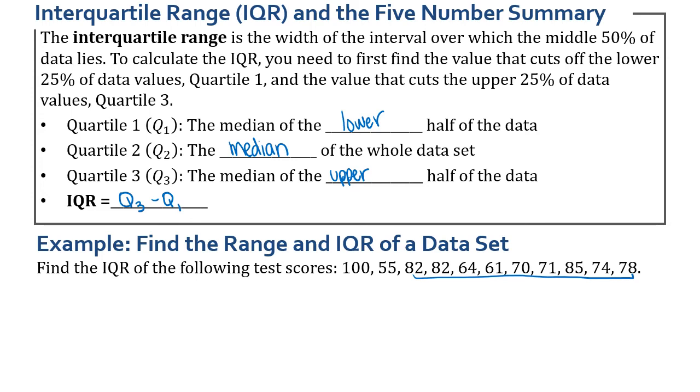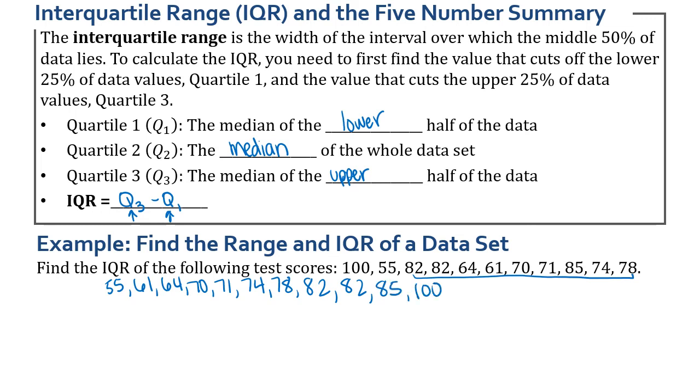To figure out the IQR, we need to figure out quartile 3 and quartile 1. The first step is to put these into numerical order. When I do that, we get 55, 61, 64, 70, 71, 74, 78, 82, 82, 85, and 100.